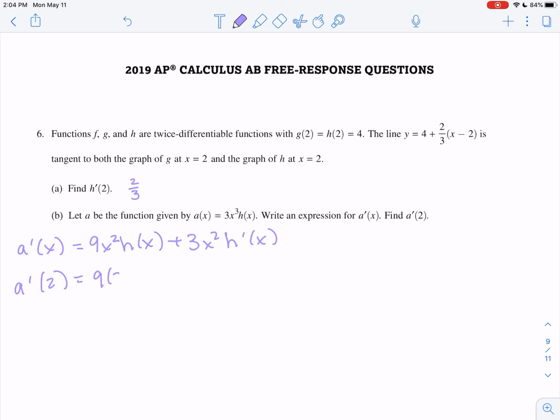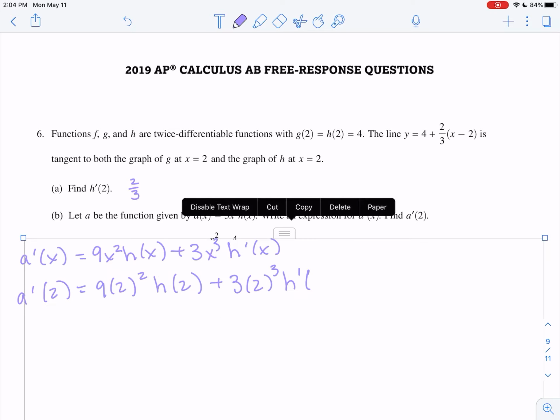So 9 times 2 squared times h of 2 plus 3 times 2 cubed times h prime of 2.